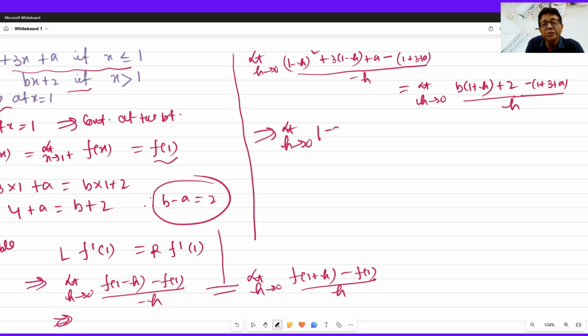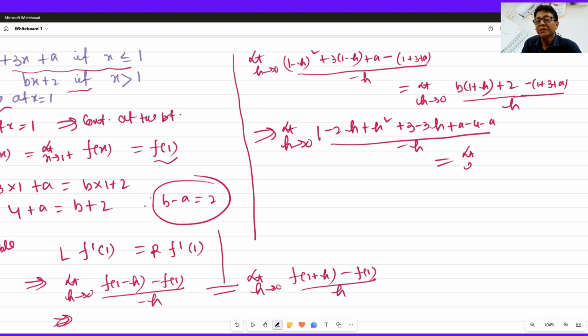Limit h tending to 0 of 1 minus 2h plus h squared minus 3 plus 3h plus a minus 4 minus a, divided by minus h, equals limit h tending to 0 of b into (1 plus h) plus 2 minus 4 minus a, divided by h. Clear?